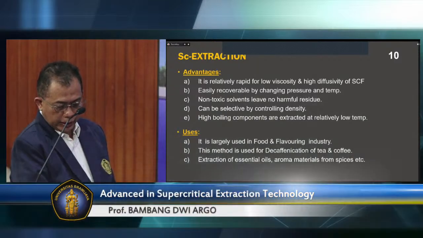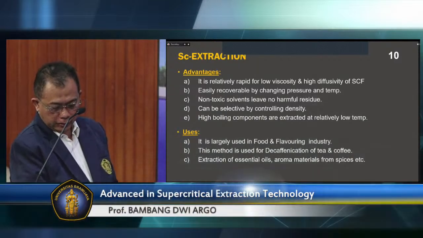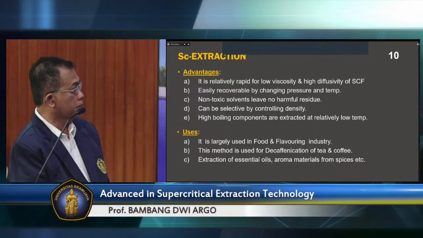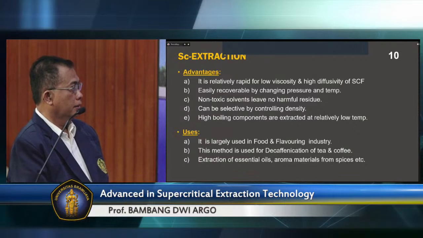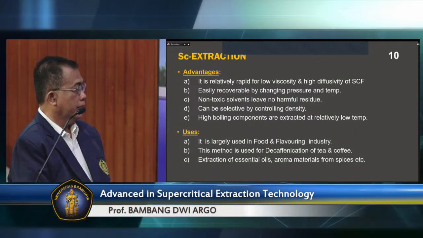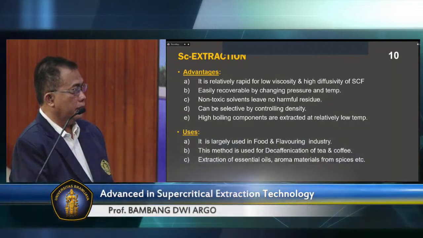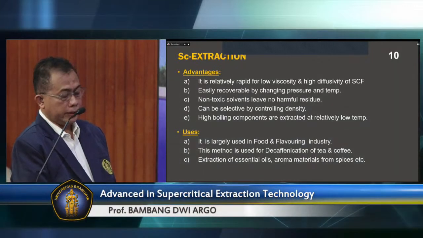And it can be used for the extraction of several types of products, such as in the food and flavoring industry, for decaffeination of tea and coffee, extraction of essential oil, aroma material from spices, etc.